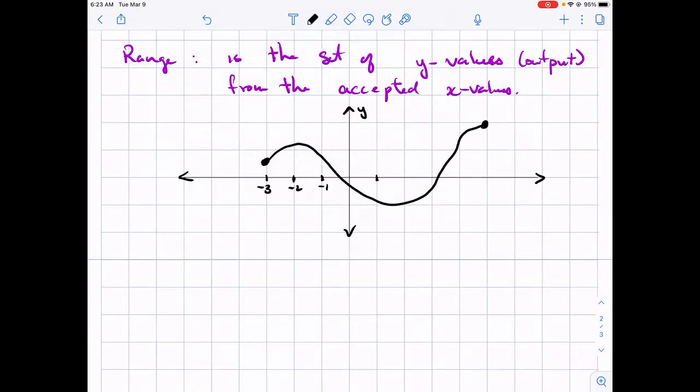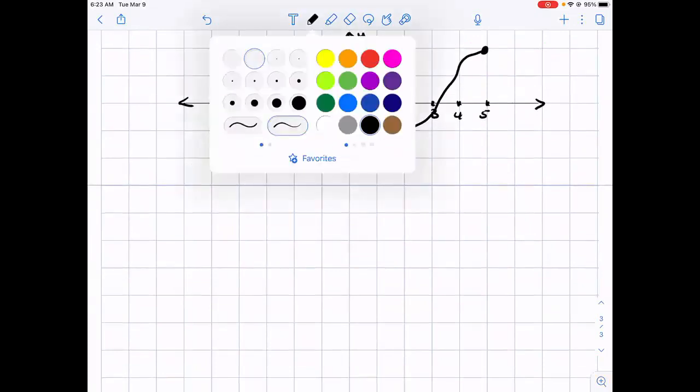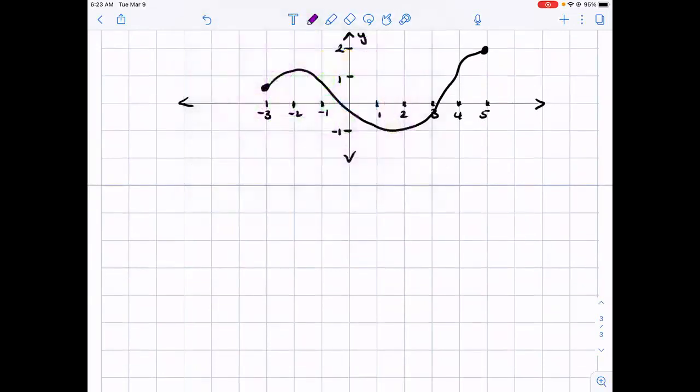Here we have 1, 2, 3, 4, 5. And here we have -1, here it's 1, and here it's 2. So these x values from here going all the way up to here, okay? That's your domain.